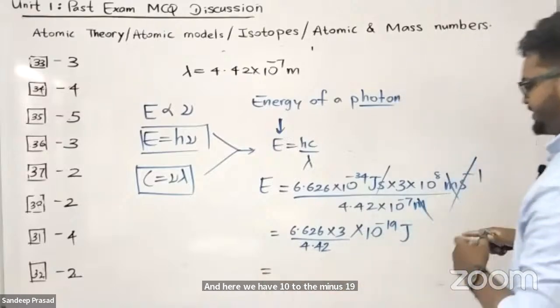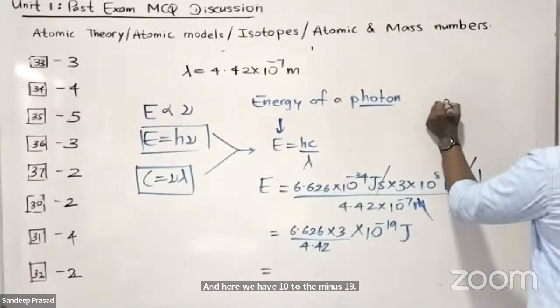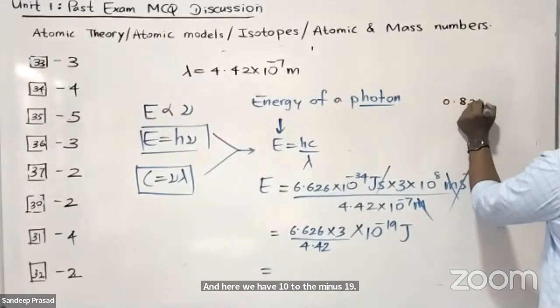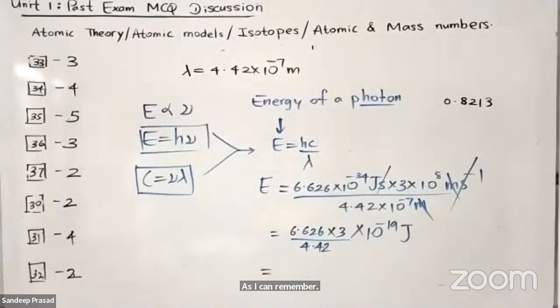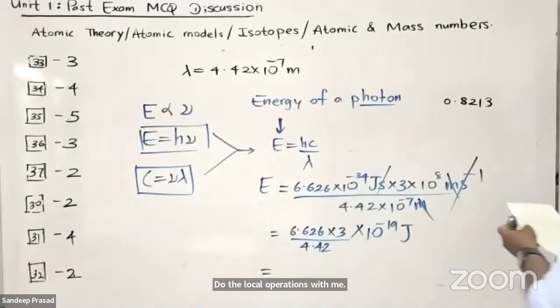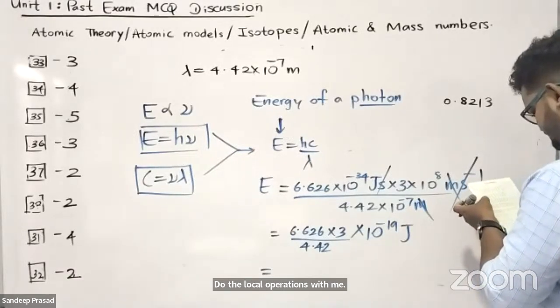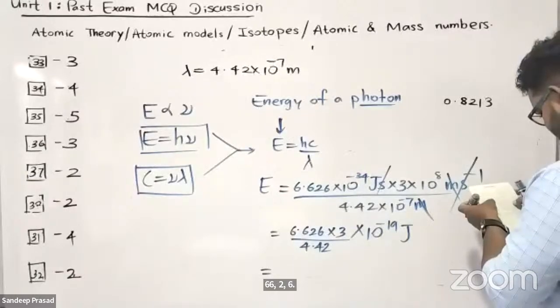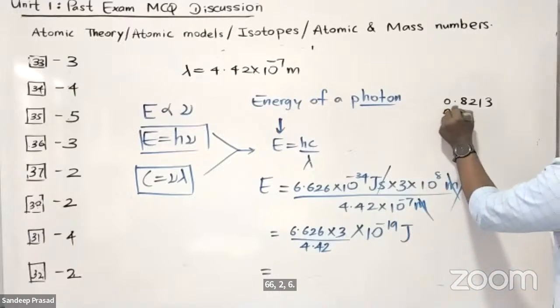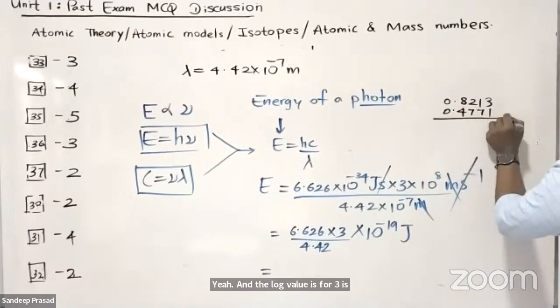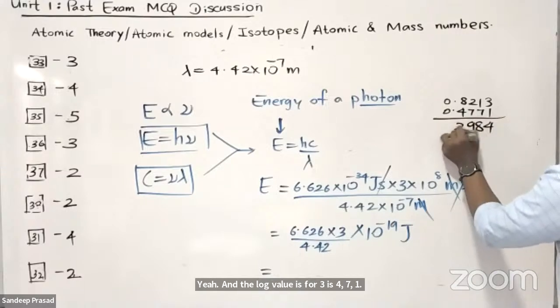Students, the log value for 6.626 is, as I can remember, 0.8213. But let's do the log calculations together. The log value for 3 is 0.4771. So the summation is 1.2984.